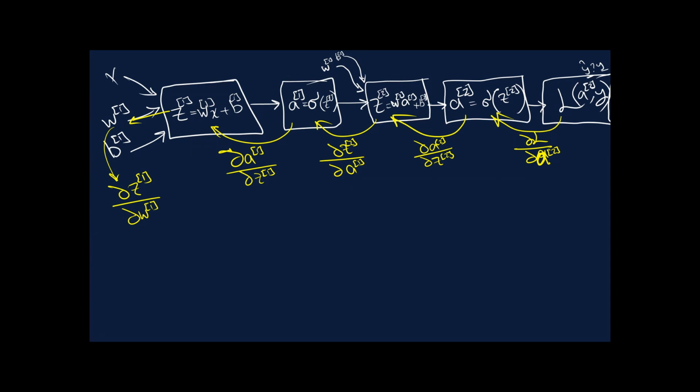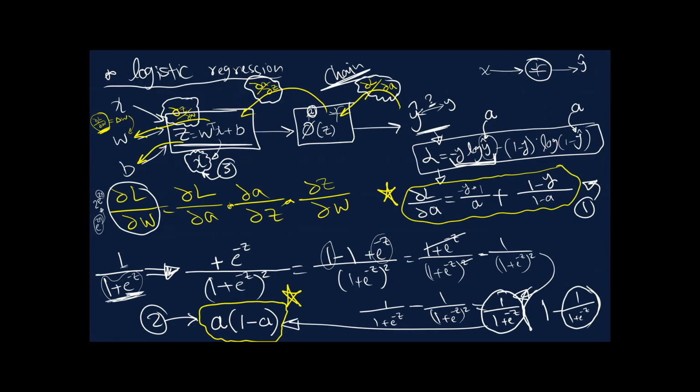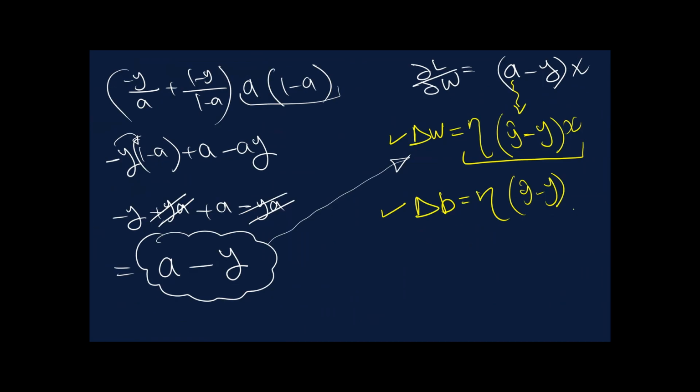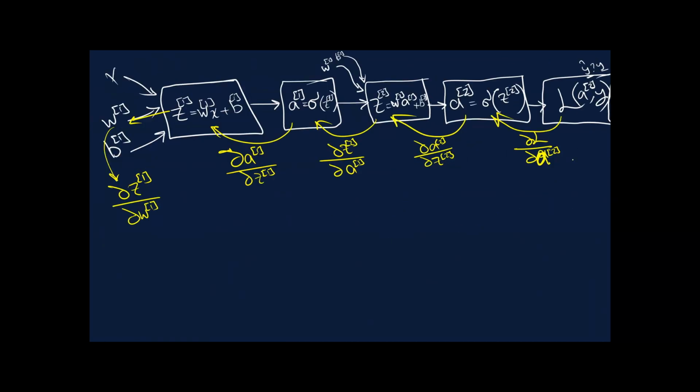No. Okay, so let's recall the derivative of the cost with respect to the activation is actually similar to what we get for the logistic regression, because that's the derivative of the cost with respect to A. So it would be this quantity. Instead of writing down the equation, I will just say 1.